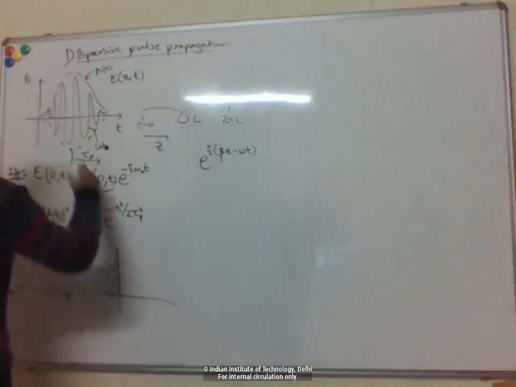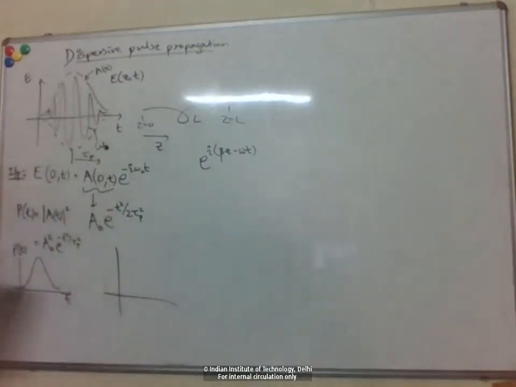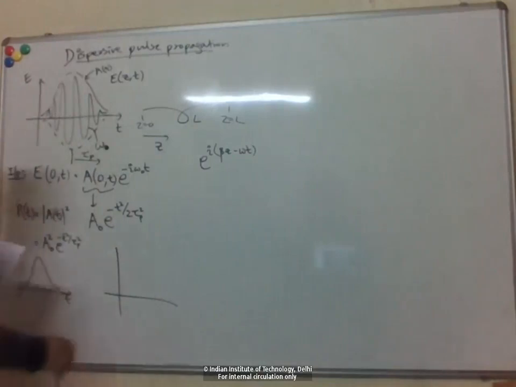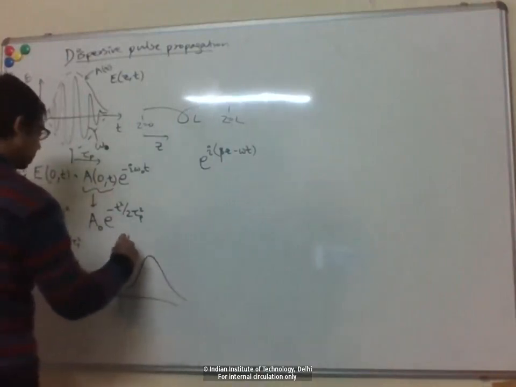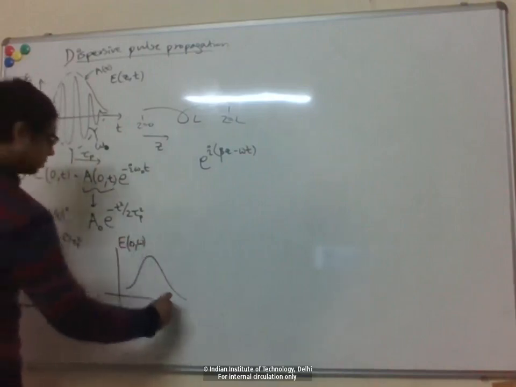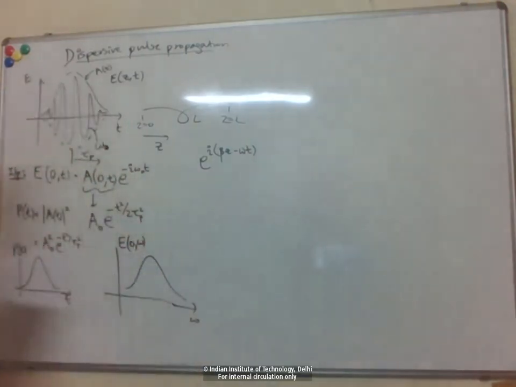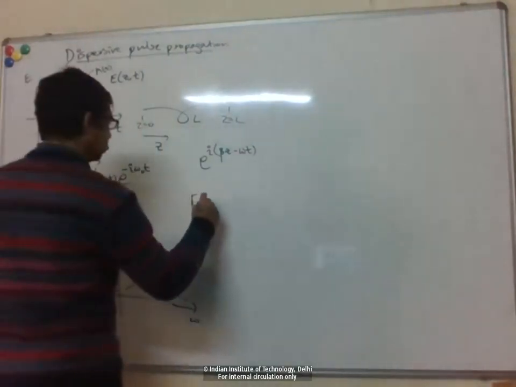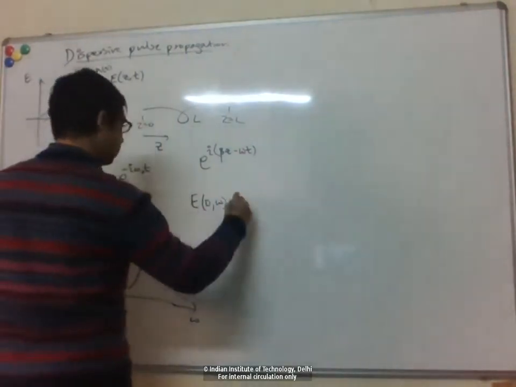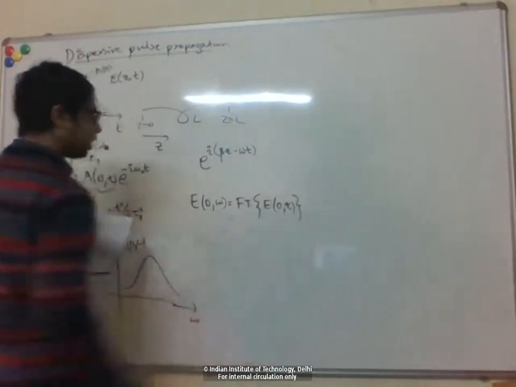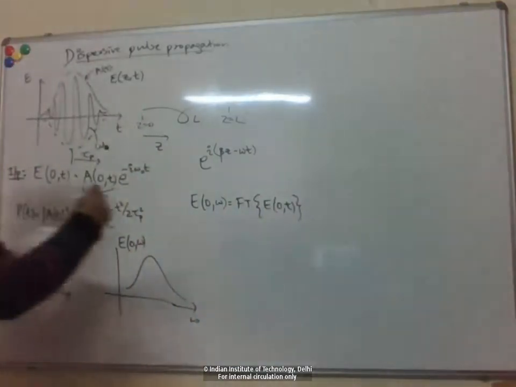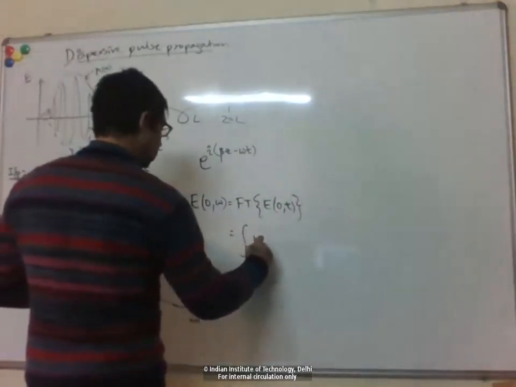Now, this is a finite extent pulse in time, so that means it will have some spread in frequency. If I want to calculate the spectrum at the input, I can just take the Fourier transform of the input pulse.